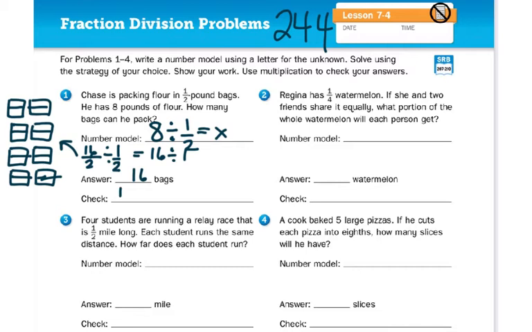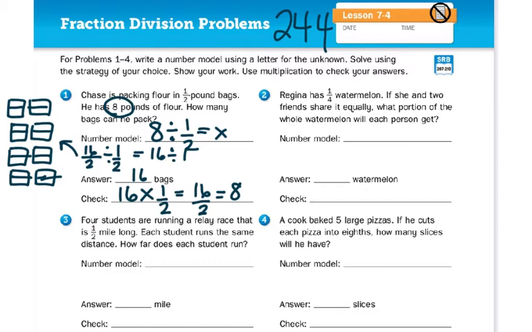So to check my work, I'll take the 16 bags and then do the opposite, since I am solving now that I have the answer, times 1/2. 16 halves. How many 2's are there in 16? There's 8. And what did I start with? 8 pounds of flour.